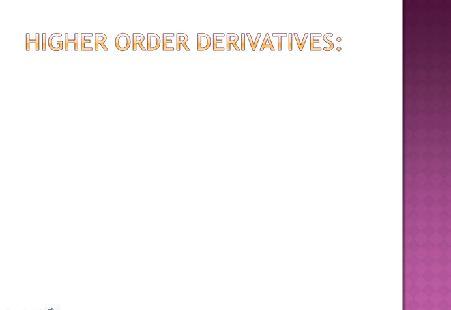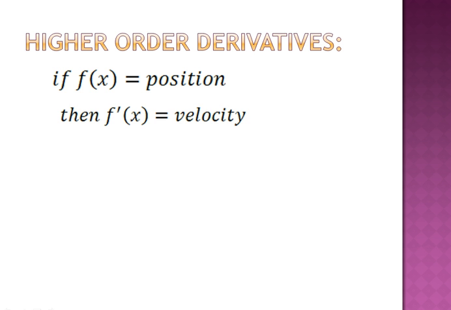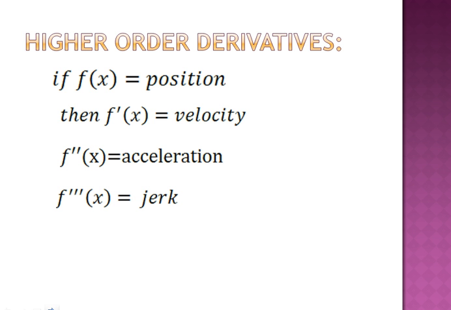Now let's talk about higher order derivatives. If I write a position equation and I derive it, I find velocity, which is how is the position changing? How fast is the position changing? If I derive velocity, I find acceleration. And acceleration tells me, well, how fast is velocity changing? And if I derive acceleration, I find something called jerk.